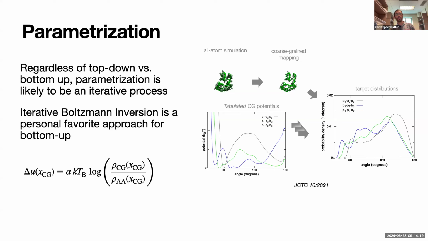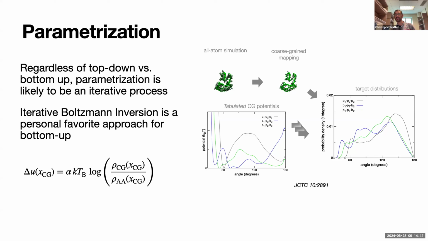And so you are going to want to tweak your parameters as you go until you adequately fit the target data. For bottom-up coarse graining, there are a number of different methods for obtaining parameters. I'm a big fan personally of iterative Boltzmann inversion, which is what I'll highlight here, and it's also a module of our tutorial.